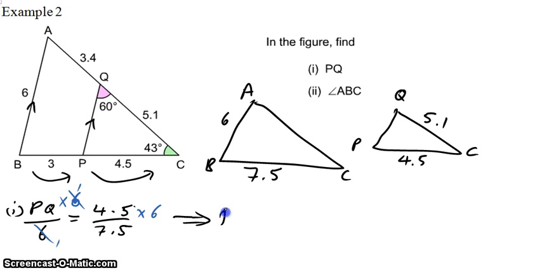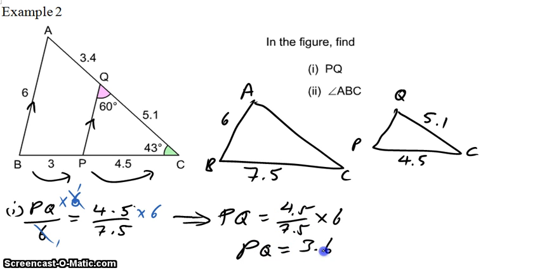All right, so keeping that balance all the way through. So PQ is 4.5 over 7.5, and I'm going to multiply by that 6. Tap on your calculator, however you want to do it, you end up with 3.6. So PQ is 3.6, and that's that first one done.